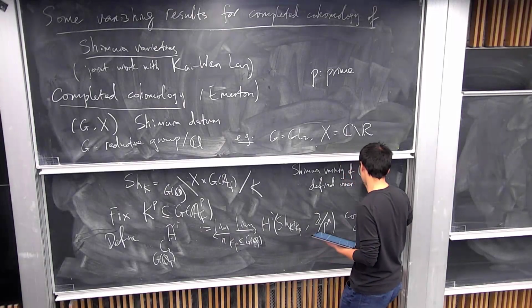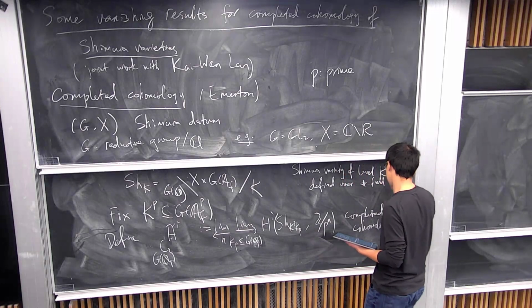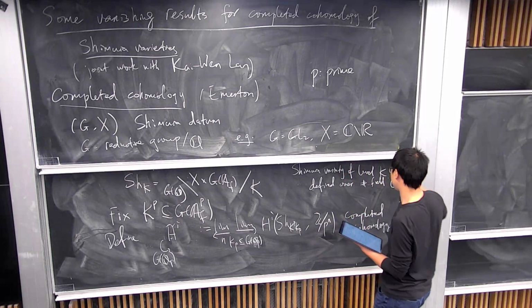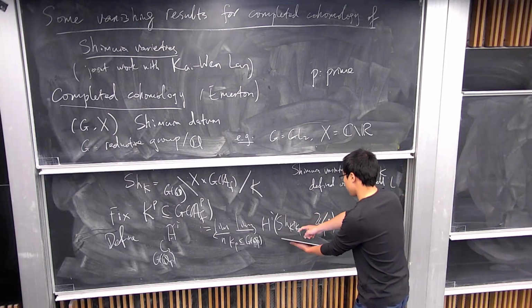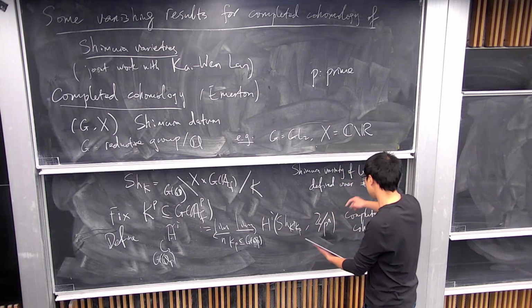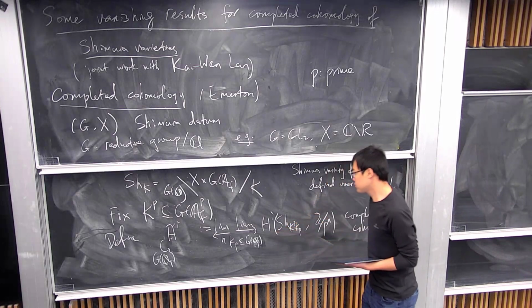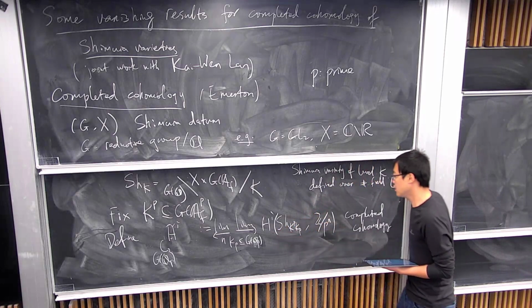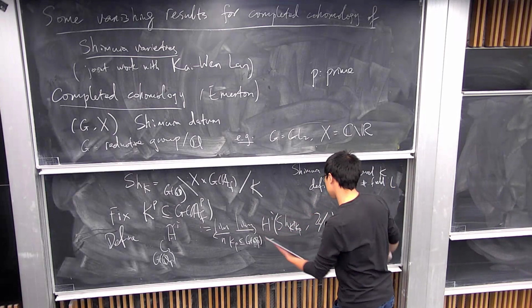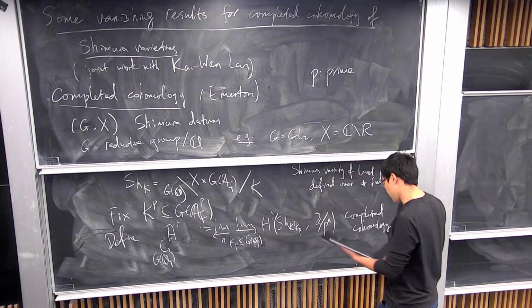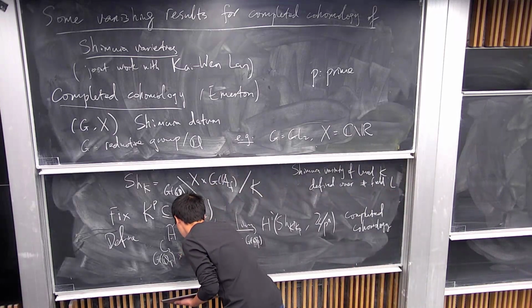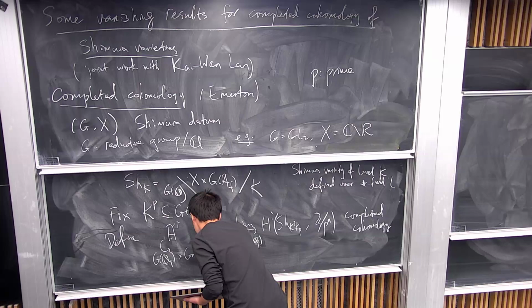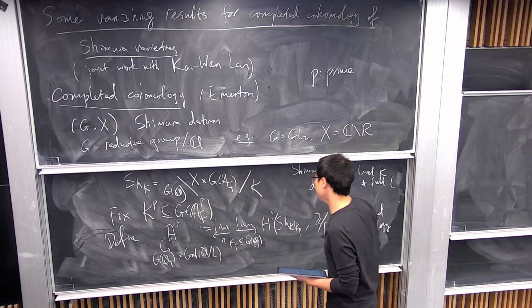Pick some number field, well, you can take the smallest one, the reflex field L. And then since all the varieties are defined over L, if you identify this with étale cohomology, then actually all these cohomology groups have an action of the absolute Galois group of L.